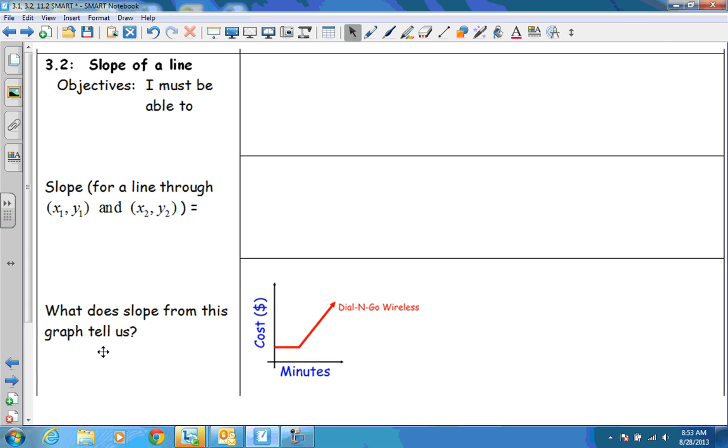All right, so now in degree 2, we're going to be doing some slope. So we're going to find the slope from 2 points or a graph and parallel and perpendicular slopes. Is it okay if I just write m for slope? Okay. Find m from 2 points or a graph.